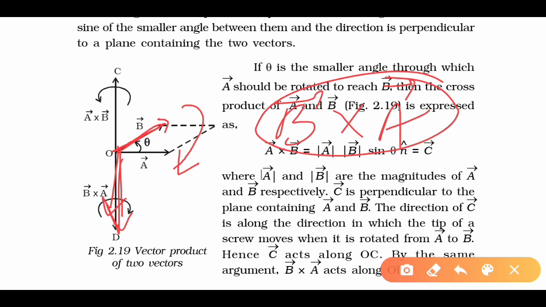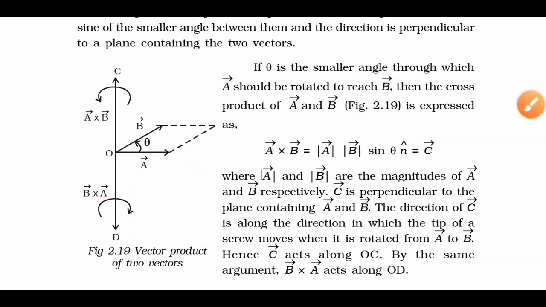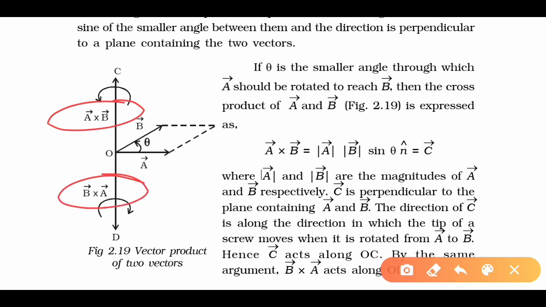Clear? So we get the direction using the right hand thumb rule, or you can also use a screw, and by moving a screw you can get the direction of A cross B and B cross A.